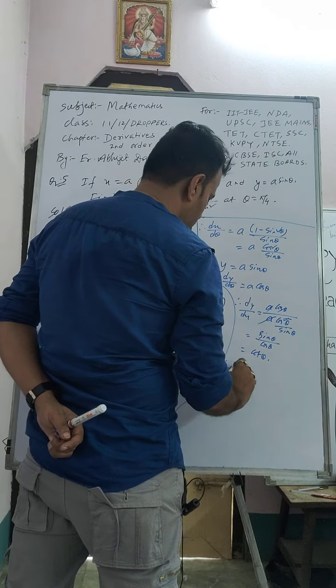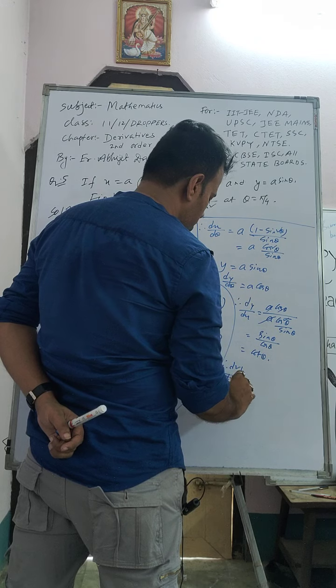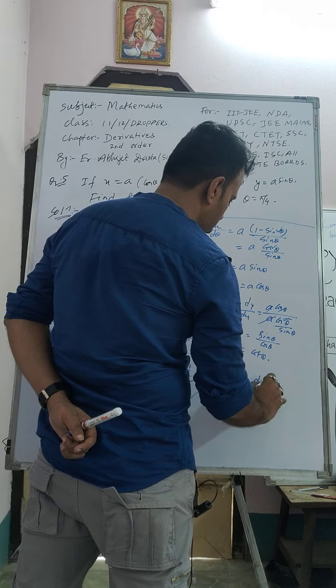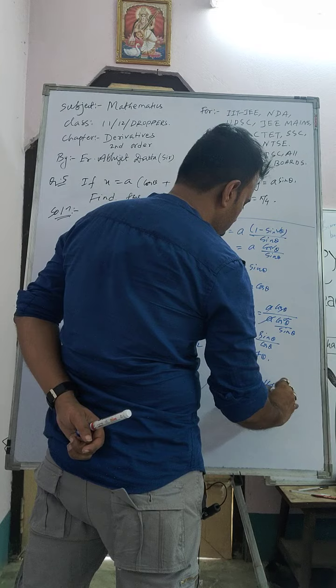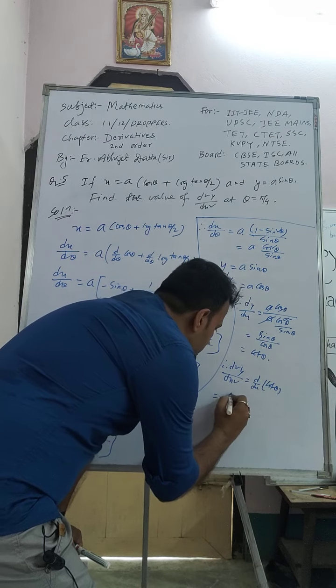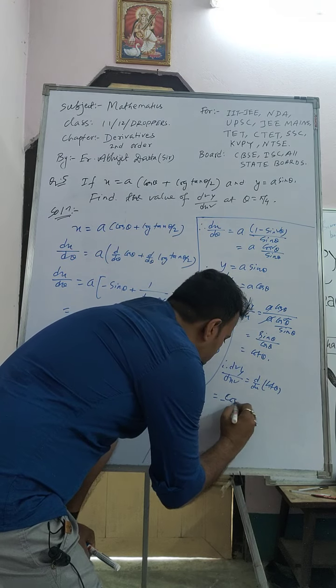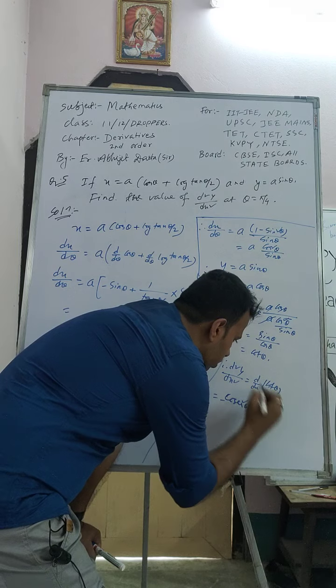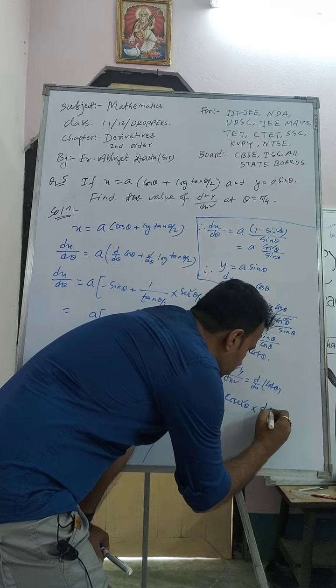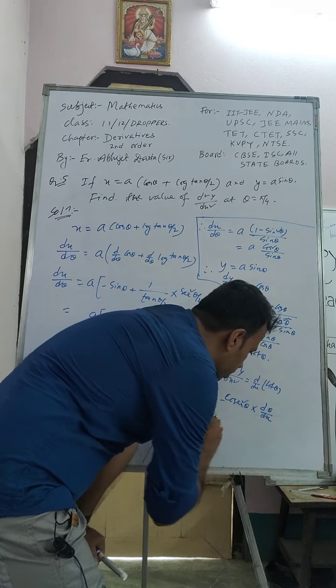Now d square y by dx square will be d by dx of cot theta. So now it will become minus cosec square theta into d theta by dx.